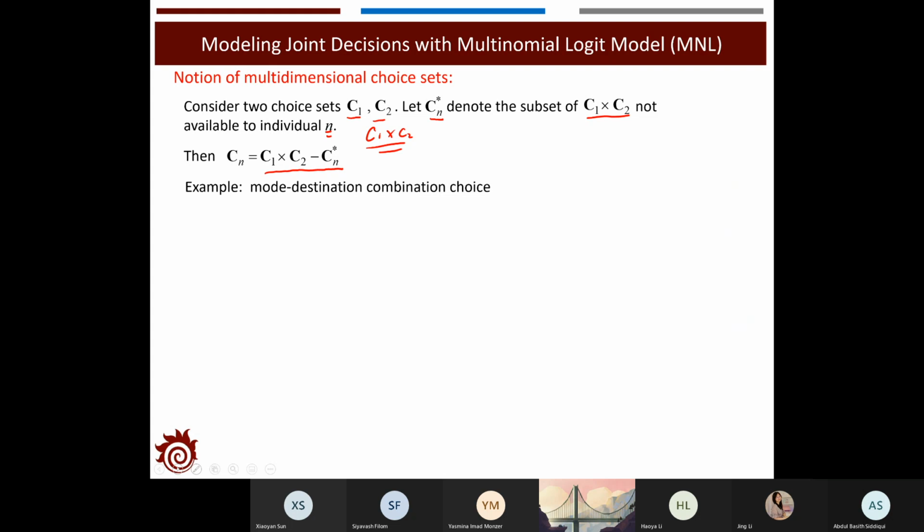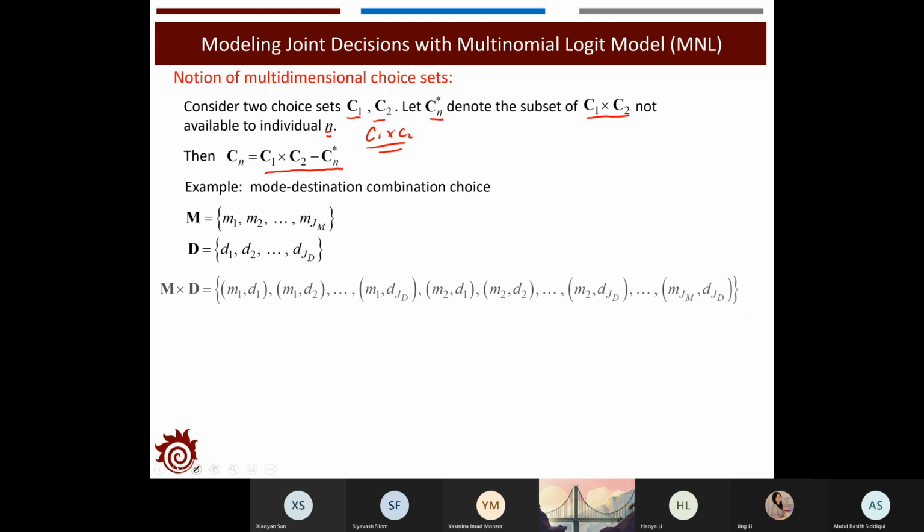For the mode destination combination choice, we have the set of the modes M1, M2 to MJM, and we also have the set of the destinations D1, D2 to DJD. And we can find out all the possible combinations. That will be M times D, which will include M1 D1, M2 D2, M1 DJ, M2 D1, M2 D2, and so on.